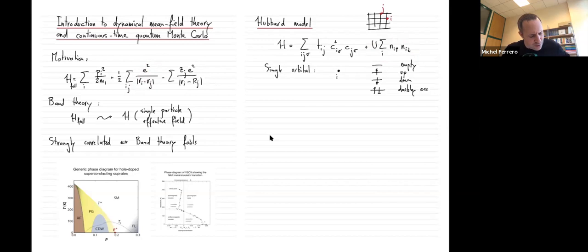But actually, there's a bit of a rationale behind this. In a real material, there's screening from the other electrons. So if I just take a pair of electrons and think about their Coulomb repulsion, they will be surrounded by a cloud of other electrons that have a tendency to actually screen the interaction or the Coulomb repulsion between these two.